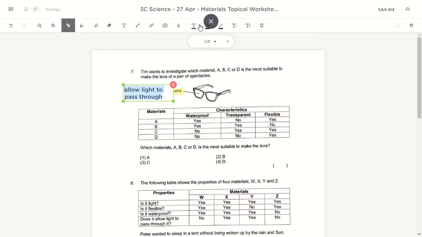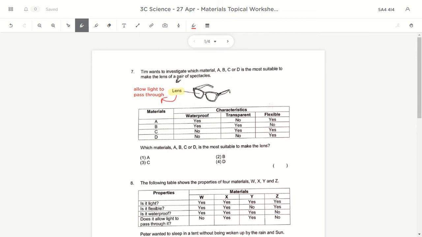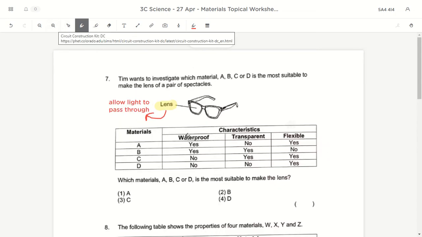Alright, let's change it to red and make it a bit smaller. So for lenses, the important property here is that it needs to allow light to pass through. So if it needs to allow light to pass through, you realize that there are a few properties here.